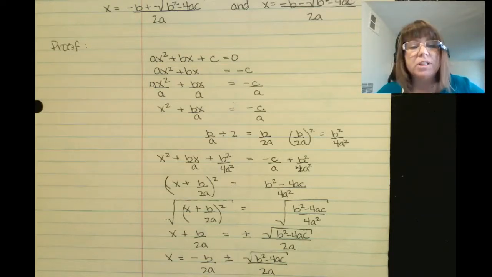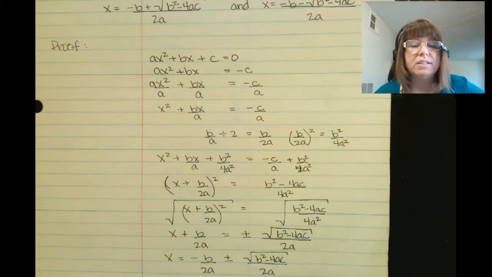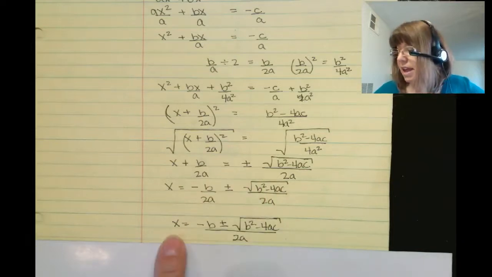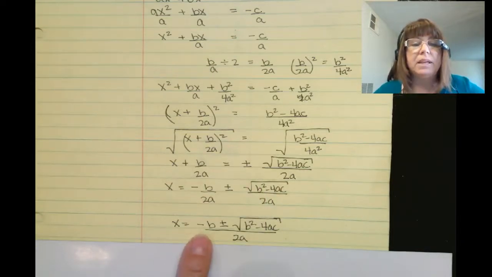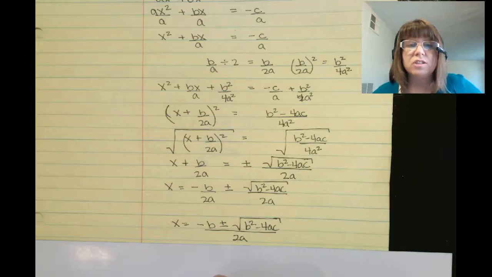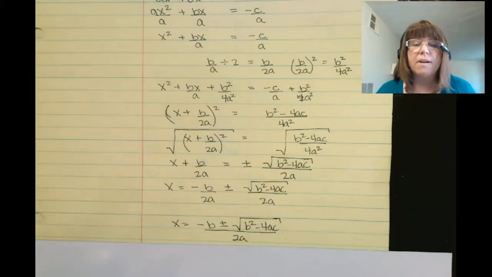But they have the same common denominator, so I can combine them, giving me my final solution, my quadratic formula of x equals negative b plus or minus the square root of b squared minus 4ac all over 2a. To me, I think it's pretty clever to come up with this just from a starting point, using all of the math that we've learned thus far to come up with a nice formula for us to solve any quadratic equation.